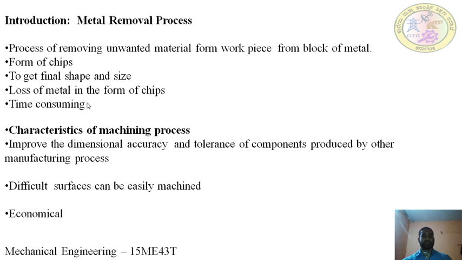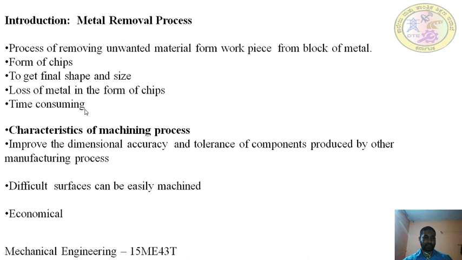The advantages and disadvantages of the metal removal process: the metal is lost in the form of chips. As I told you, in a shaft of 30 mm diameter and 1 meter length, to machine 2 mm, 400 to 500 grams of metal will be lost. That will be of no use. So that is the main disadvantage, and it is time consuming.